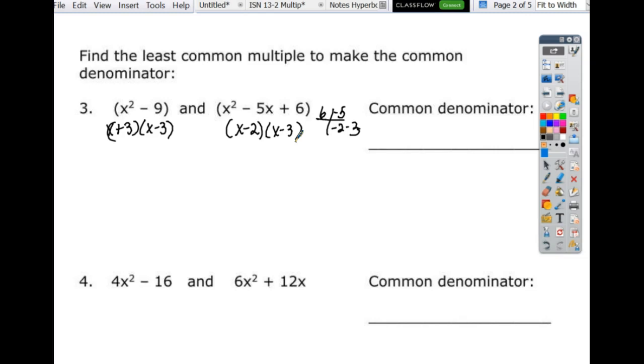To do a common denominator, I need one of everything, unless there are 2 on one side, like underneath the 4. So, to get a common denominator, I need this. I need this. I don't have this yet. Do I have one of these? I do, so I don't need another one. So that's going to give me my common denominator.